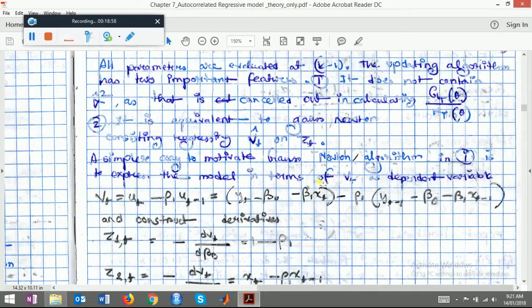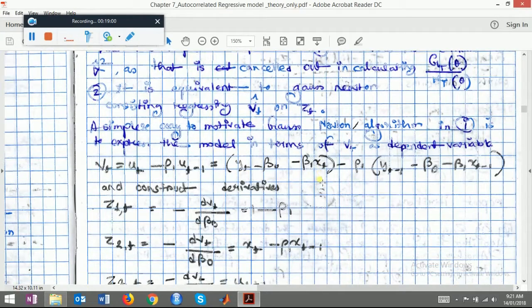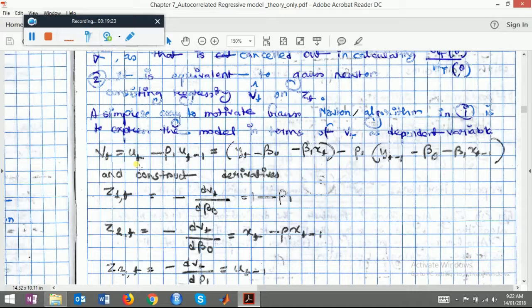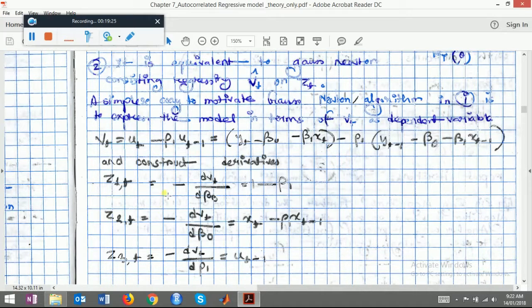A simpler way to motivate the Gauss-Newton algorithm is to express the model in terms of Vt as dependent variable, just like previously when we expressed the equations in Ut. Now you have an additional element, so you cannot, because Ut is not the residual anymore, so you have to express the equation in Vt. In the previous chapter we began by expressing the equation with Ut, and now we are going back to exactly what we studied.